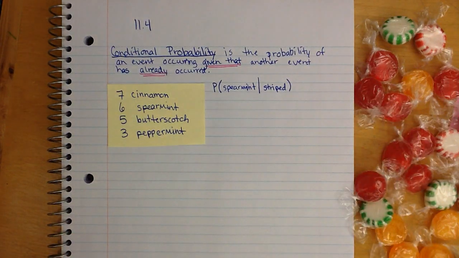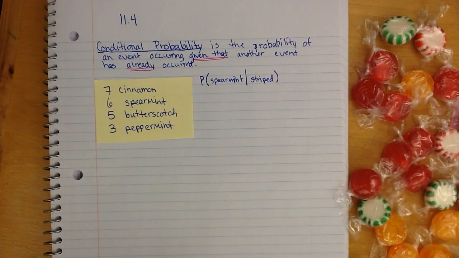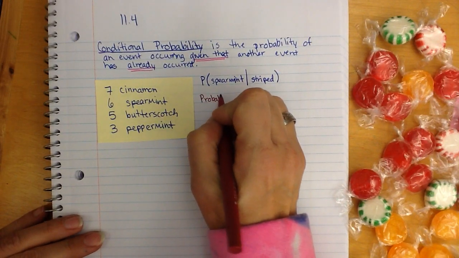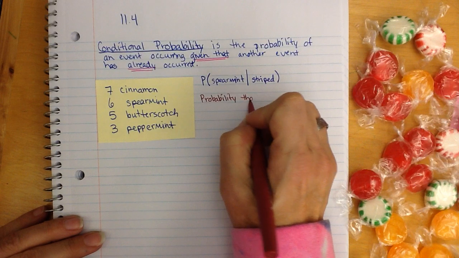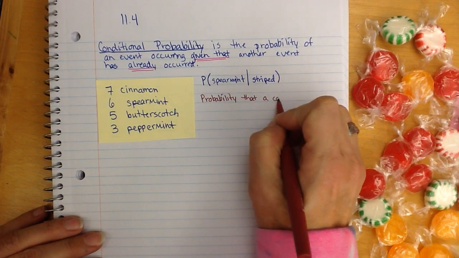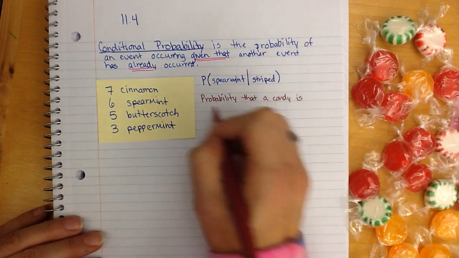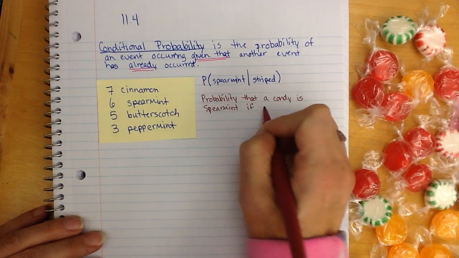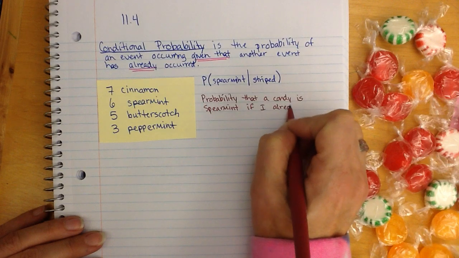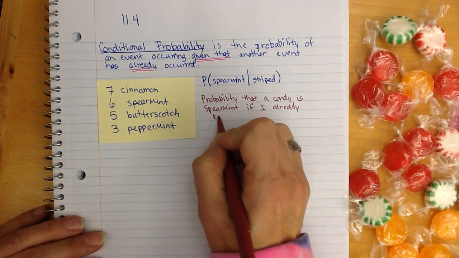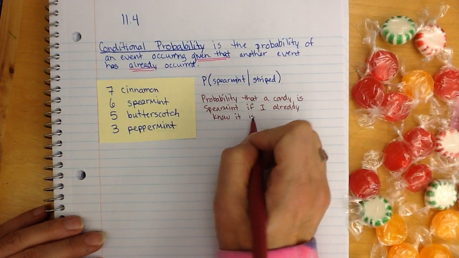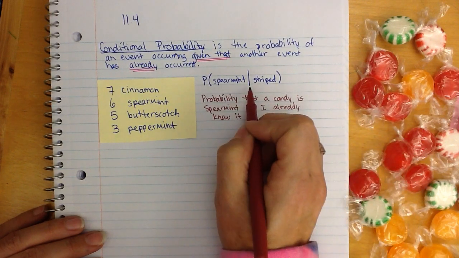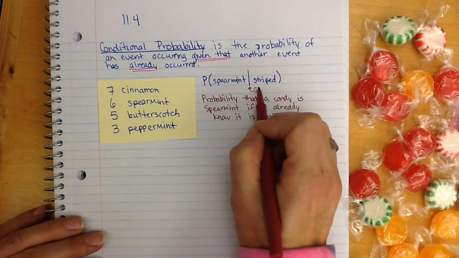So this is new notation, and what this means is that I'm going to find the probability that a candy that is drawn is spearmint if I already know it is striped. So this little bar here means given that.